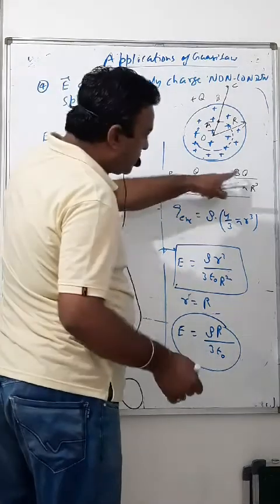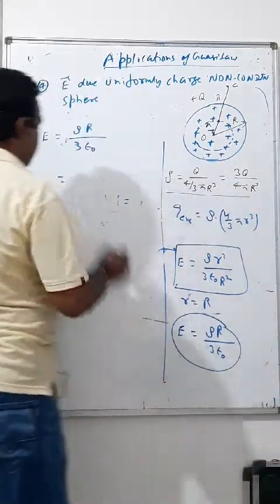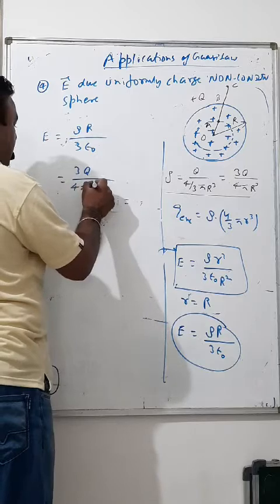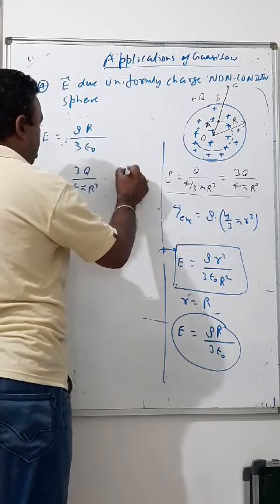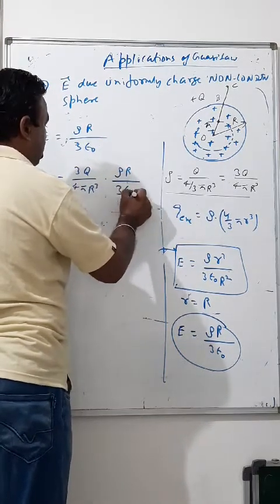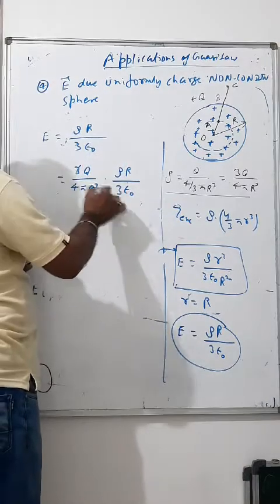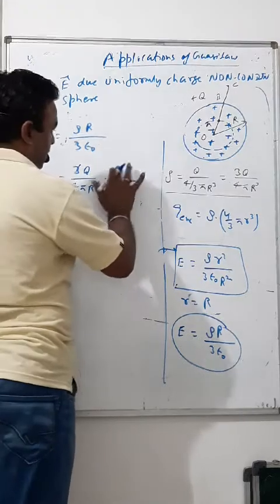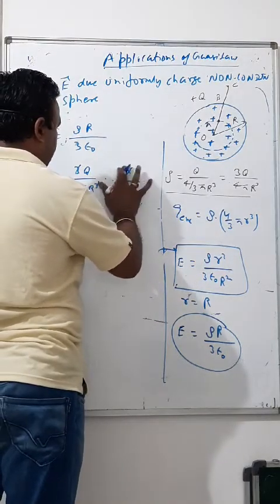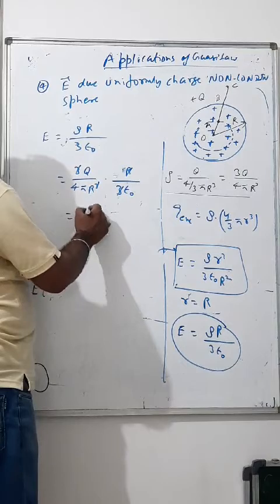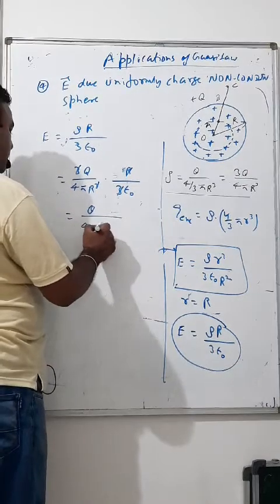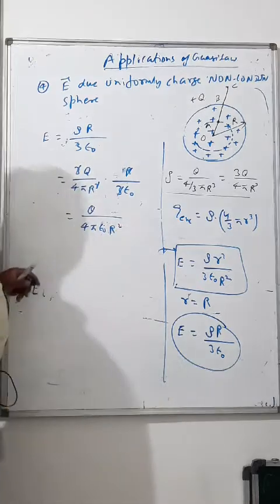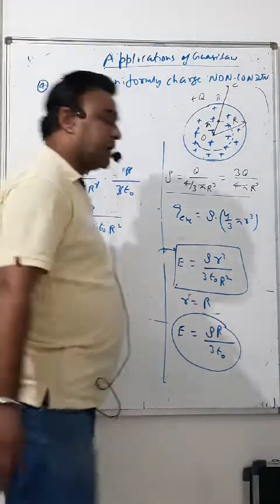What is rho? 3Q by 4 pi R cube. 3Q by 4 pi R cube into R upon 3 epsilon naught. 3 cancels, this cancels. Rho is Q. This is Q upon 4 pi epsilon naught R square. Right?